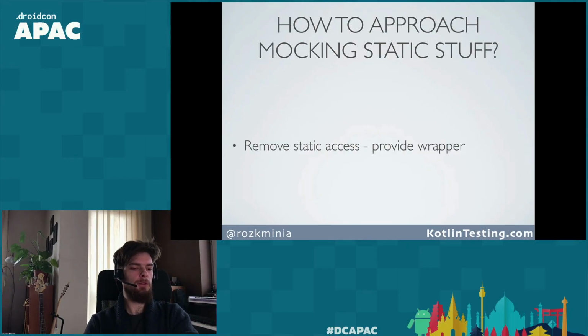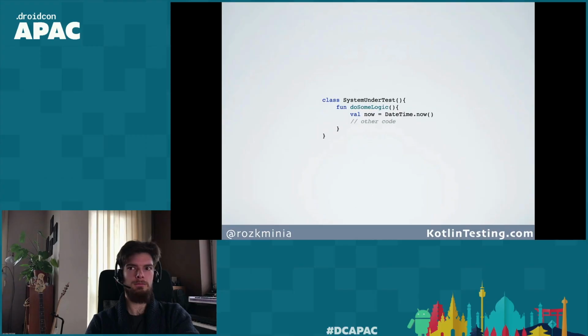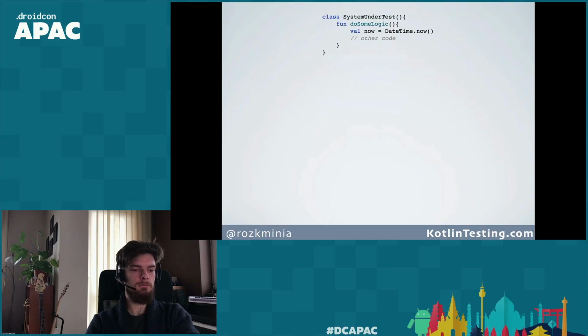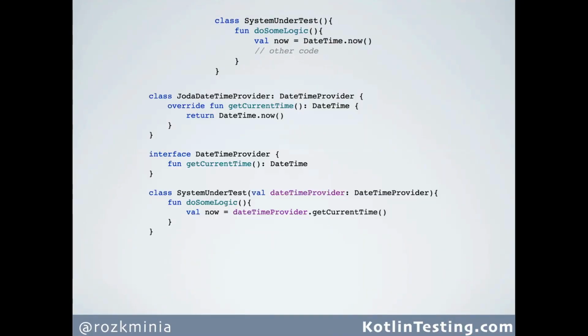The first example could be using the DateTime now method from Joda-Time. We have our code relying on Joda-Time, and we use it in an abstracted way. We create a provider for DateTime. We execute this wrapper method in our system under test, and we can easily mock that interface.